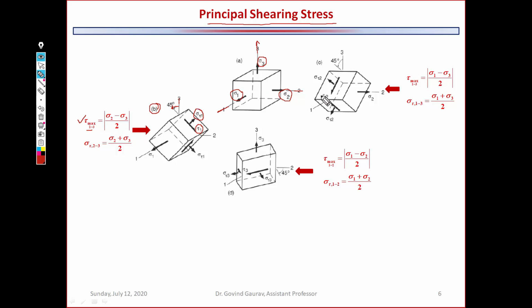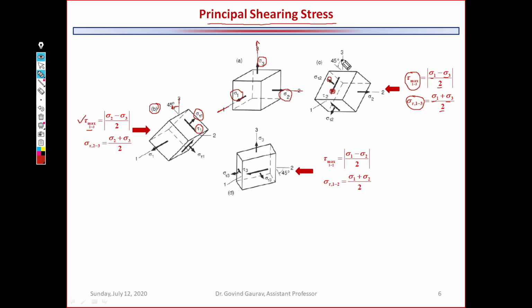The second case is when the maximum shearing stress acting on the plane represented by 1 3 is sigma 1 minus sigma 3 divided by 2, and the normal stress acting on the planes of the maximum shearing stresses on the plane 1 and 3 is sigma 1 plus sigma 3 divided by 2.